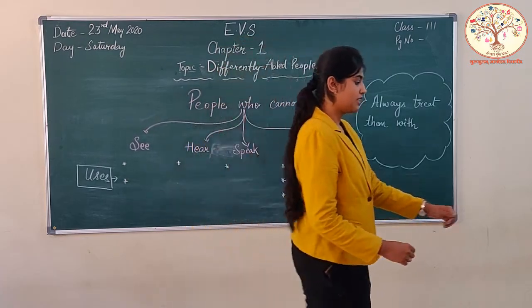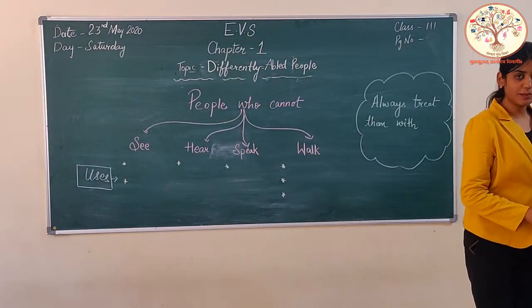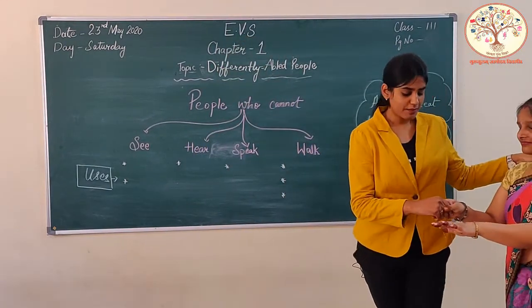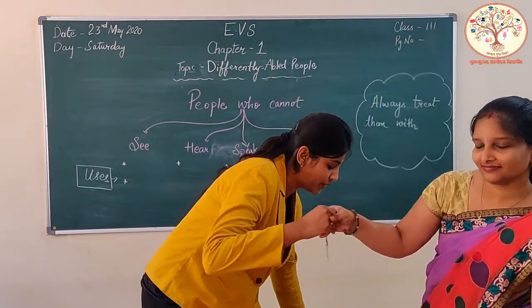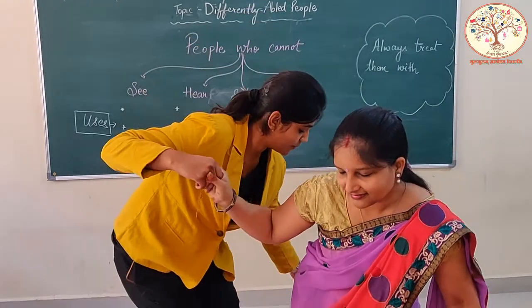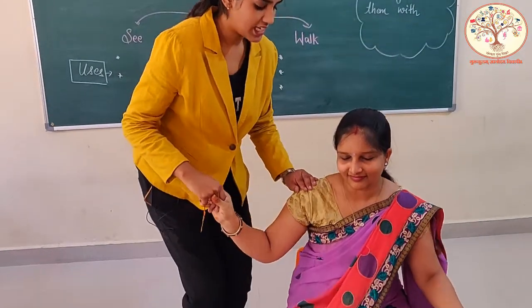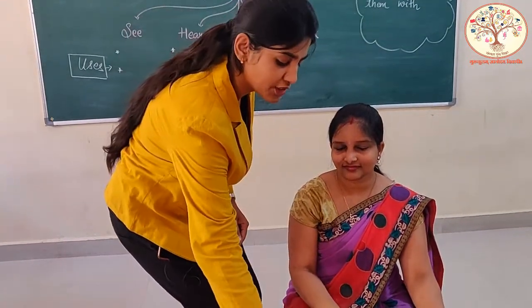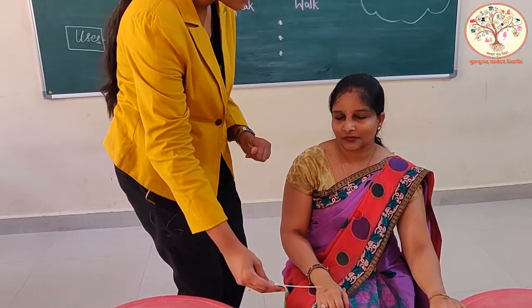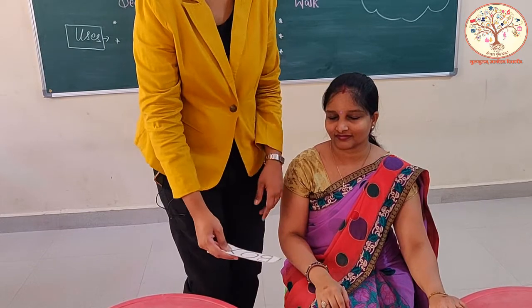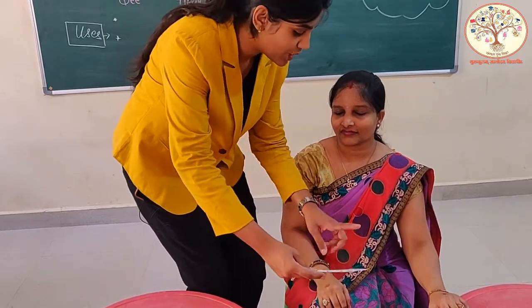Now suppose the person is blind and I am coming here, helping her sit. Now ma'am, I am going to give you Braille Script. Do you know how to read it? You know? Yes, you know.